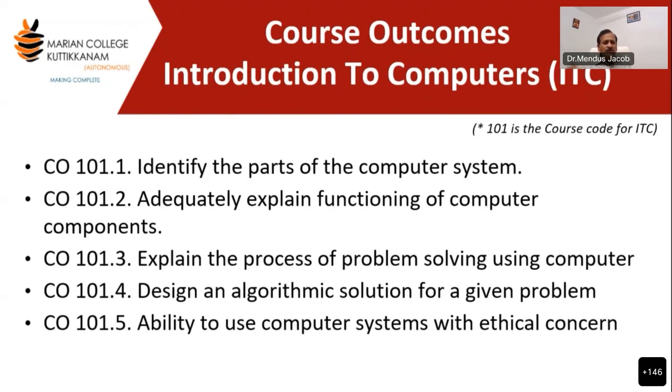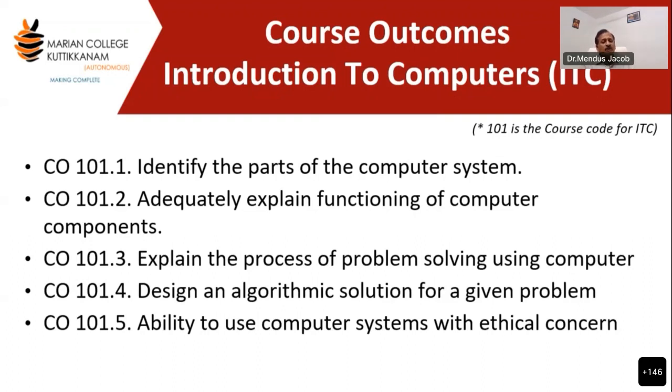Then coming to the course outcomes. Suppose there is a course called Introduction to Computers. I'm taking 5 course outcomes, starting from the first one: identify the parts of the computer system. That is the first CO. So after studying this course, Introduction to Computers, the student should be able to identify the parts of the computer system. Similarly, the other COs are there. I'm just giving a code for each of the COs.